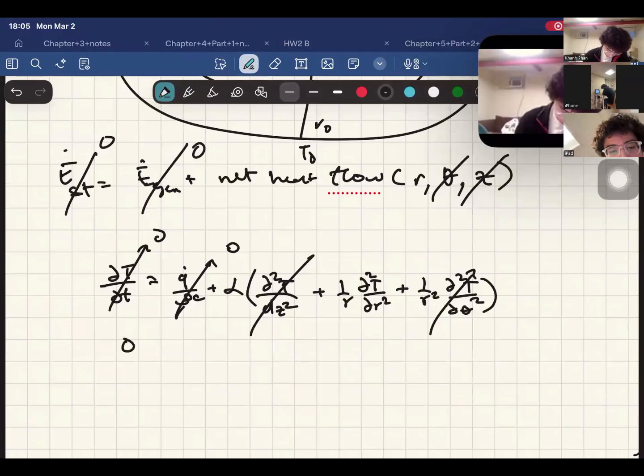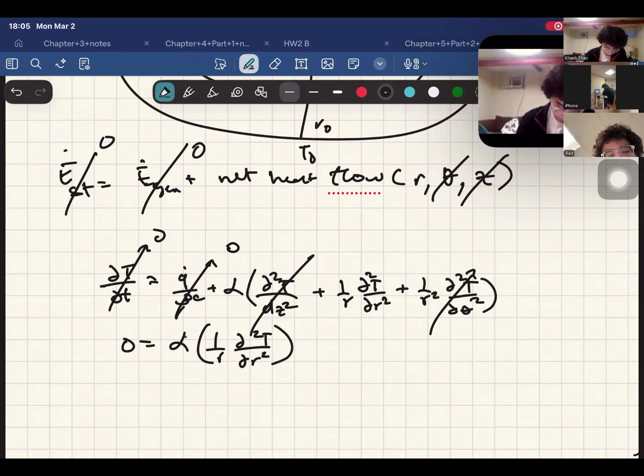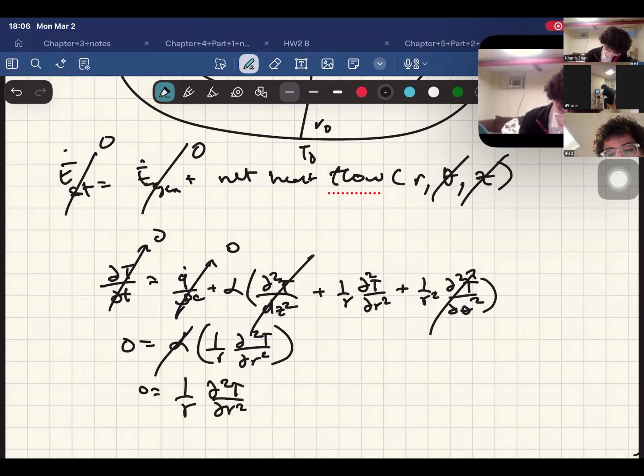So we end up with this 1 over R, the second derivative of temperature with respect to radius, and then we can just cancel out the constant because it's constant, and then we also note that we cross out this because it's constant, so we only have this left. And we're gonna rewrite this a little bit, okay?